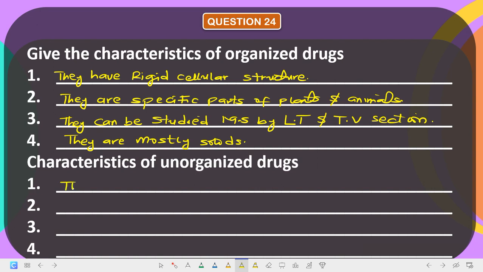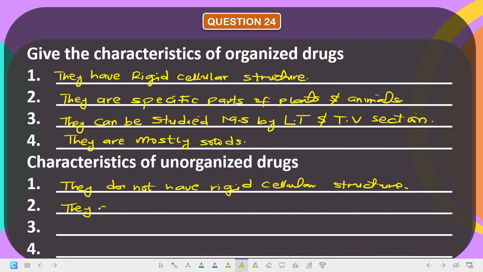Characteristics of unorganized drugs. They are just like the opposite. They do not have rigid cellular structure. They are not specific parts of plants.